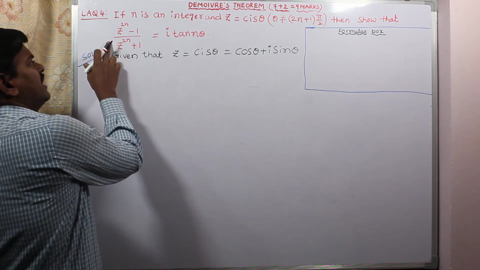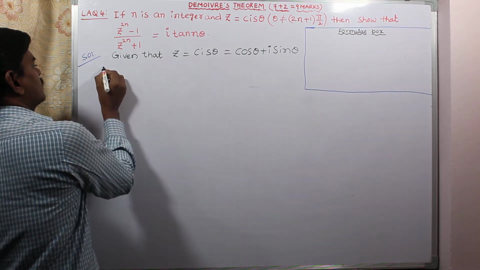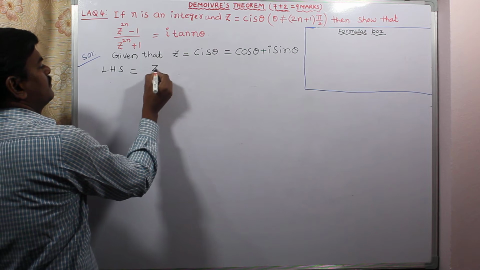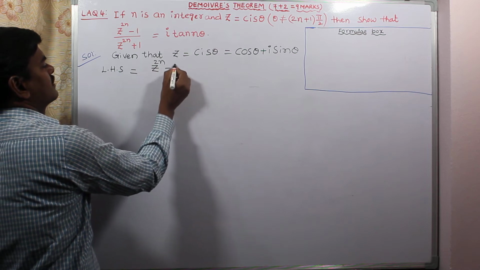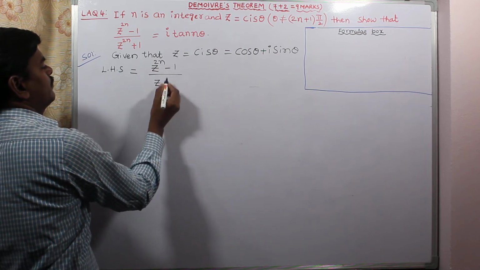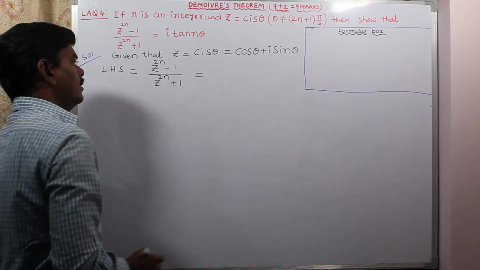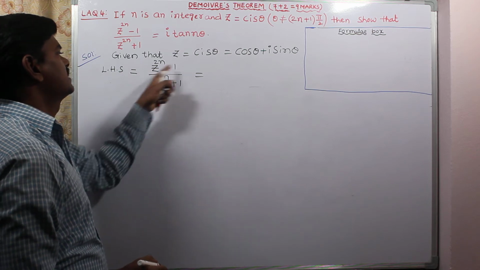Now by simplifying the LHS we can prove the RHS. So let us take the LHS: (z^(2n) minus 1) by (z^(2n) plus 1). Now we can substitute z.